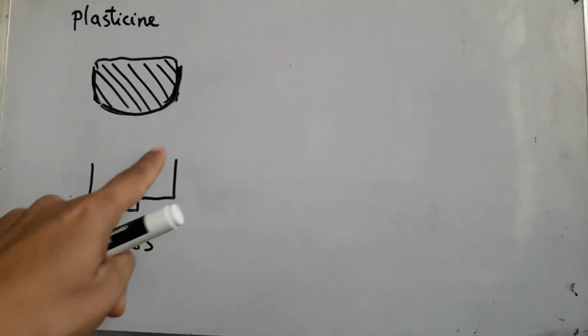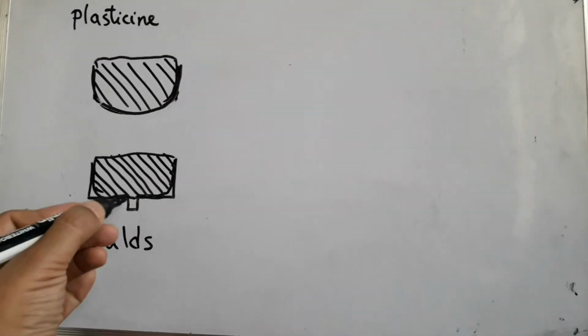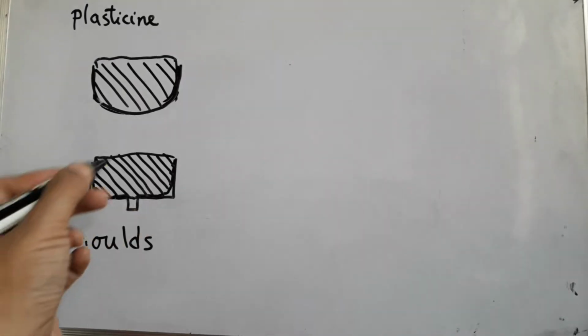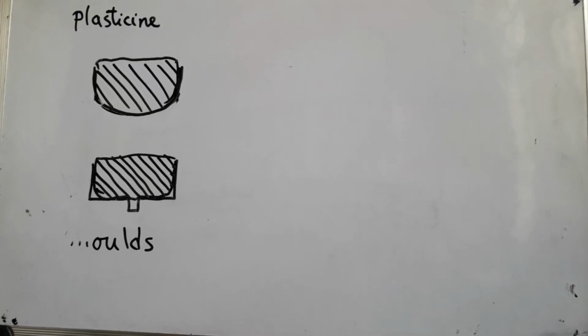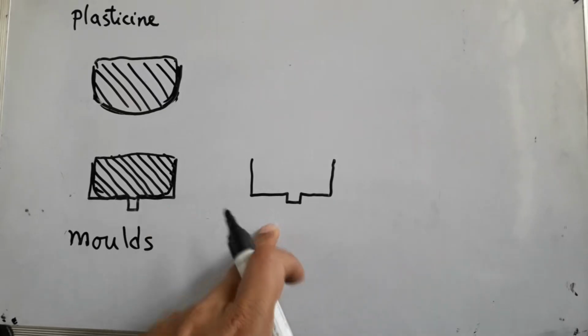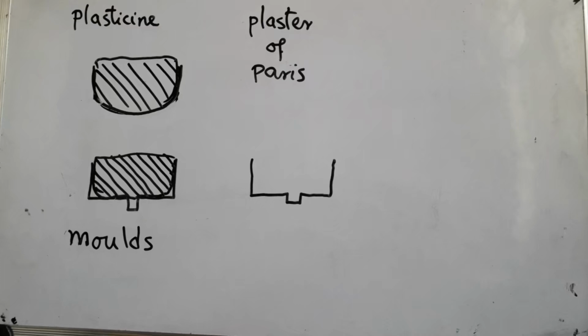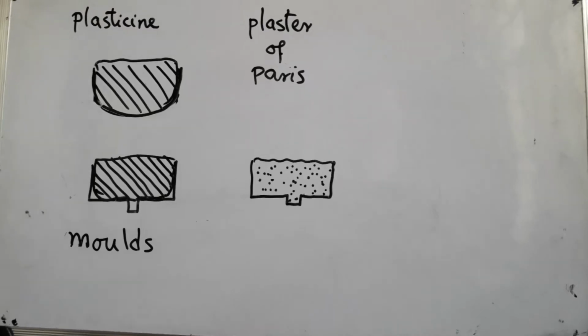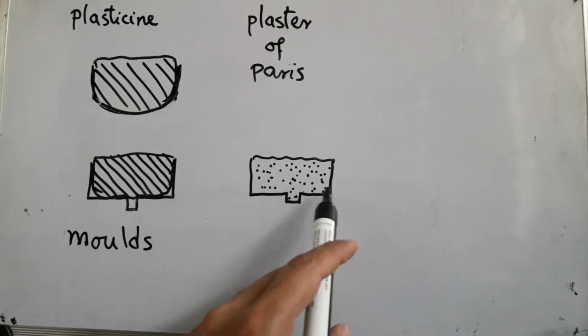But if you try to fill this mold with plasticine, you will not be able to reach into these nooks and corners, because plasticine is a pretty inflexible thing. However, if you take the same mold, but instead of plasticine, you use plaster of Paris, which is just liquid, in that case, you will get a much better fit, because the liquid will reach out into all nooks and corners.